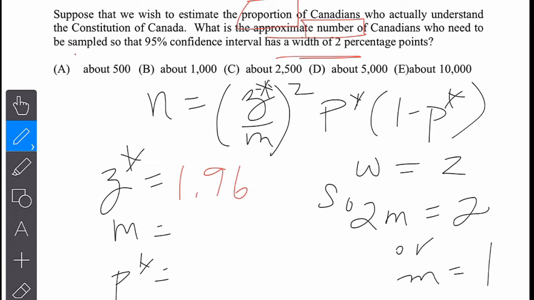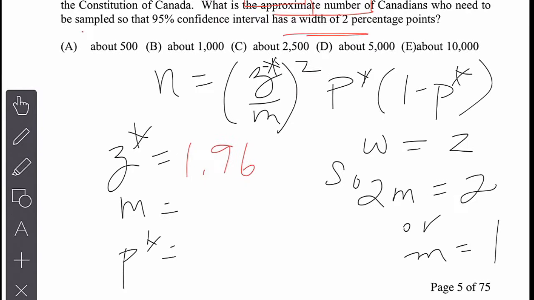mathematically, this is what I want to demonstrate. So the width is 2 of an interval. So the interval, remember, is going to be like, with the mean here, then I'm going to go plus or minus from the mean. So this whole thing would be the width, but each of these are the margins.